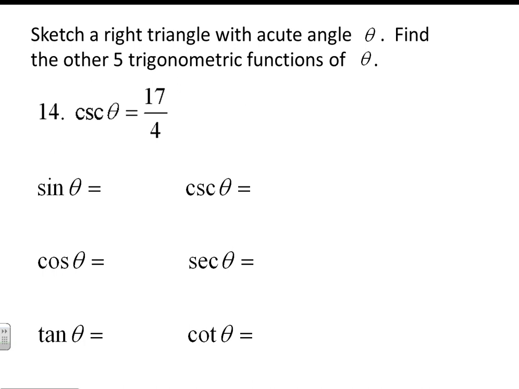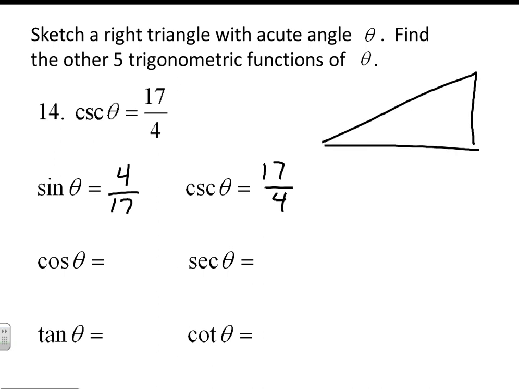Let's take a look at a triangle where cosecant of theta is 17 on 4. So we're supposed to find the other trig functions. Well, cosecant 17 on 4 tells me that sine is 4 on 17. That one's a breeze. Now, if sine is 4 on 17, if I go ahead and draw my triangle here, I'm not trying to draw this to scale. You certainly could try to.